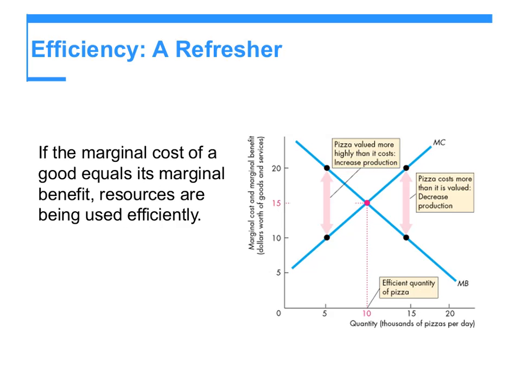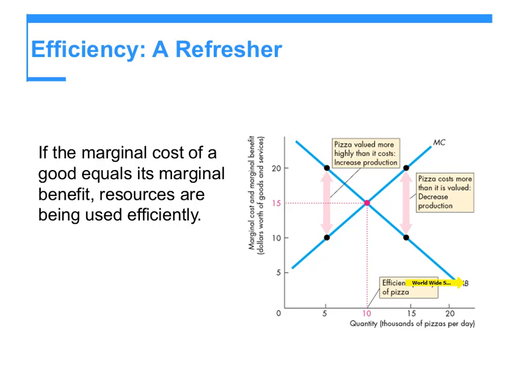Look at here, there is a point called equilibrium, the efficient quantity of pizza. At price 10, the quantity will be 5,000. At price 20, the quantity is 5. So when you come to the point of price 15 and quantity 10, exactly that is the point that marginal cost and marginal benefit are the same.